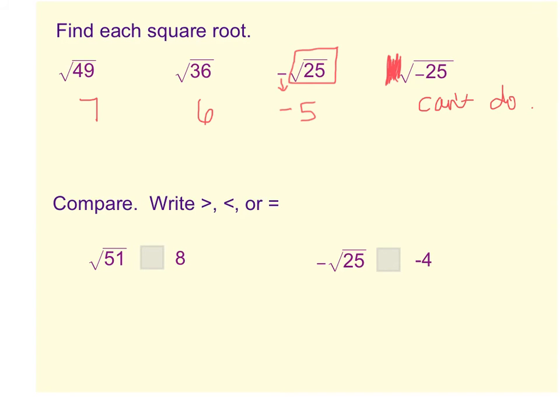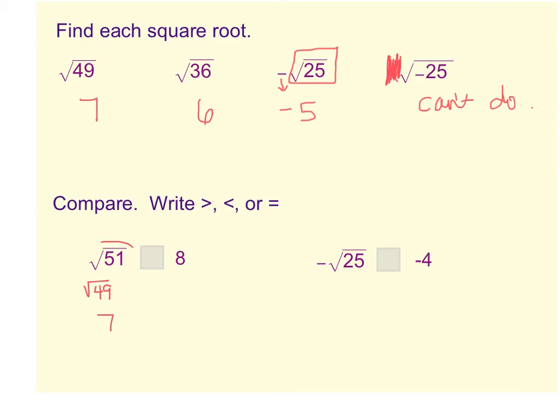When you're figuring out which of these is greater than, less than, or equal to each other, I think the easiest thing to do is just type it in your calculator. What's the square root of 51? Well, right now I don't have a calculator on me, so if I were doing this in my head, I would say I don't know the square root of 51, but I do know the square root of 49. Square root of 49 is 7.